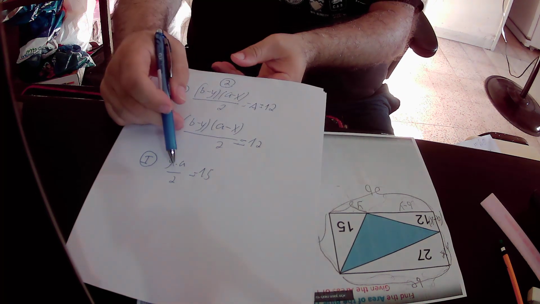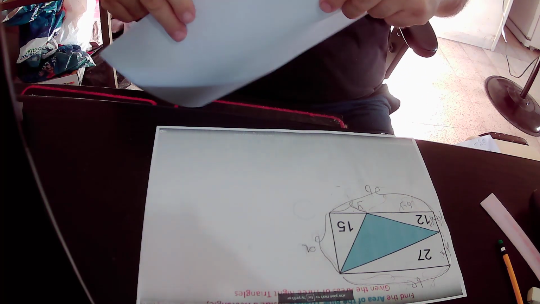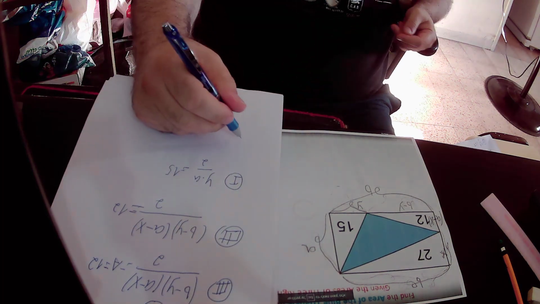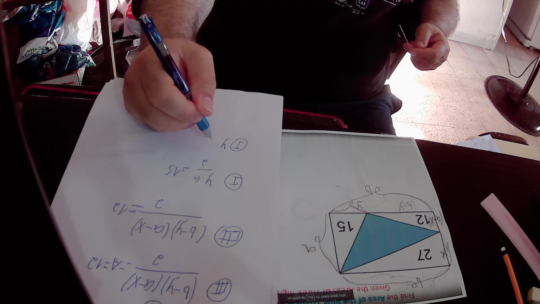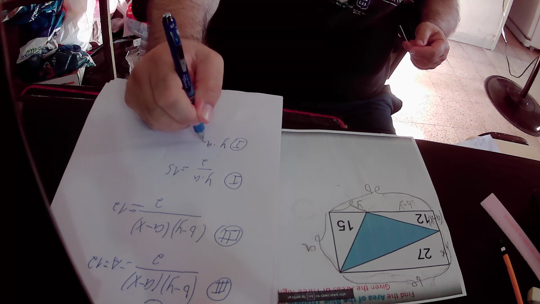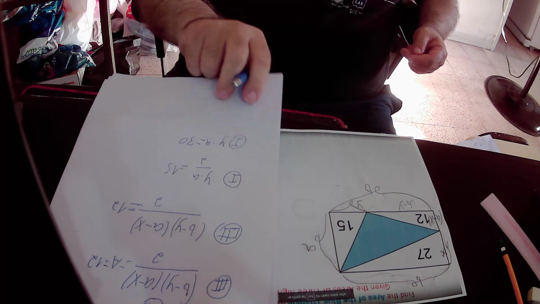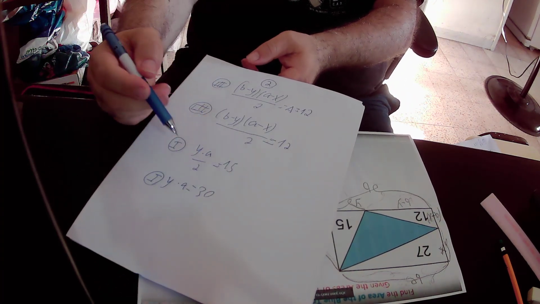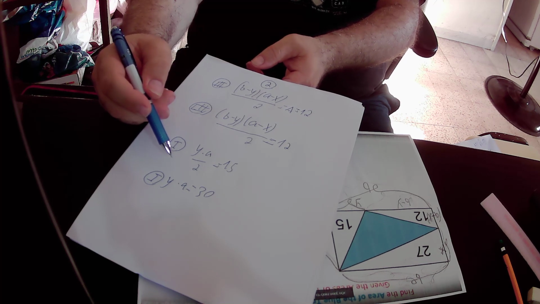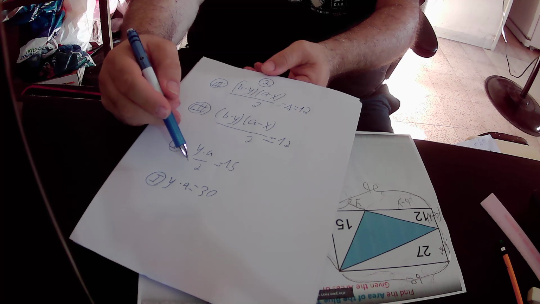We will multiply both sides of the equation by 2, and we will get that y times a equals 30. Okay, 15 times 2 is 30. Now we will divide both sides of the equation by a.